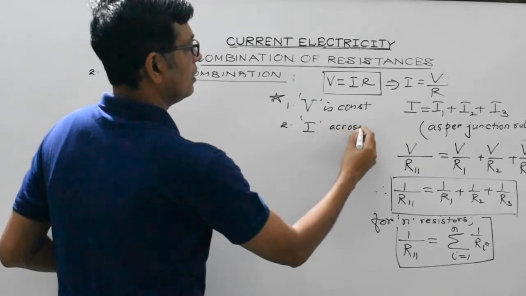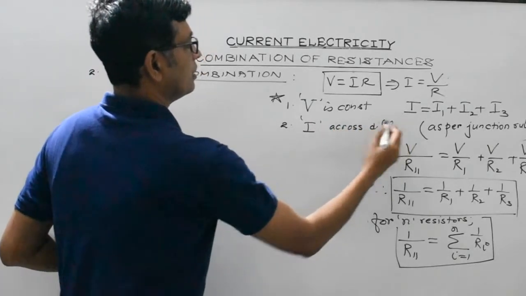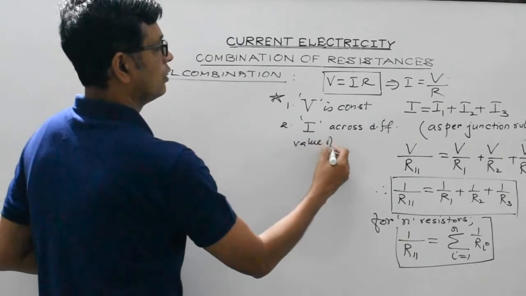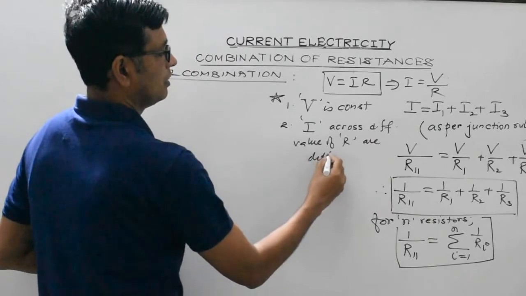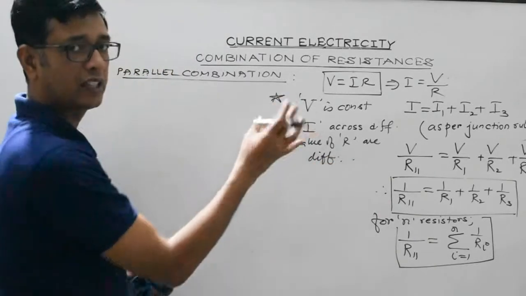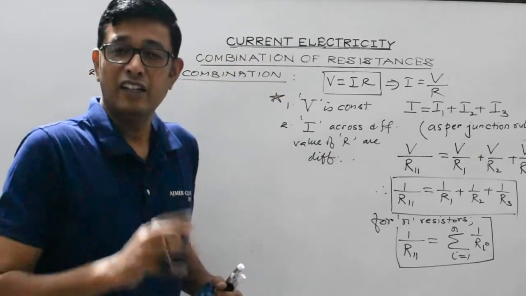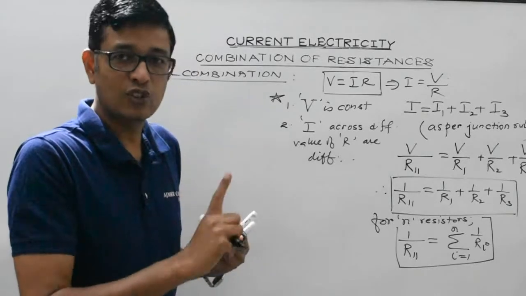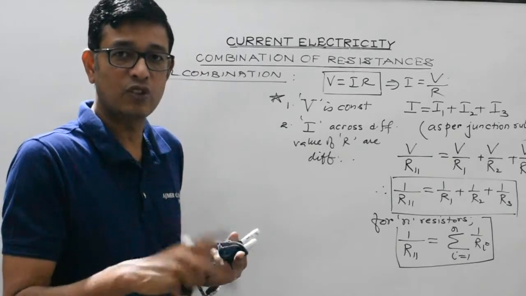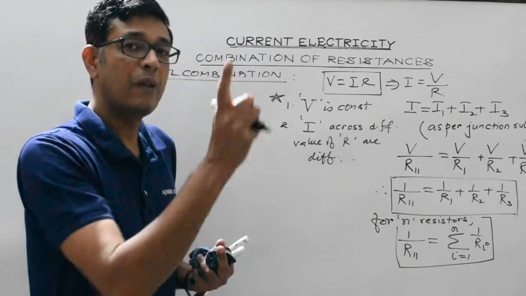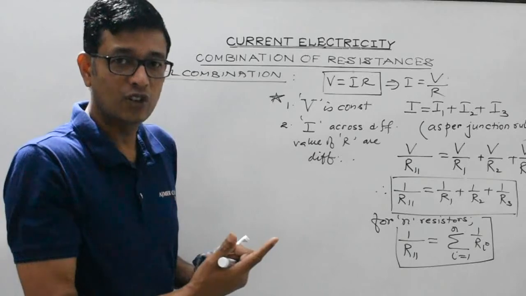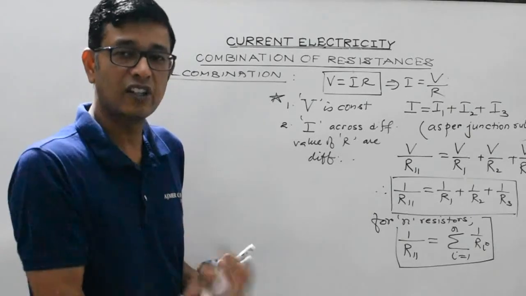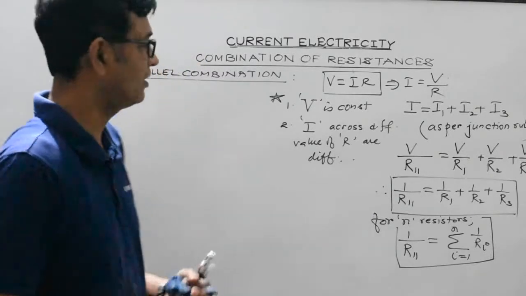I across different values of R are different. It's simply the opposite case to that of the series grouping. In series grouping, current is constant and potential difference is different across different resistors. In parallel grouping, potential difference is constant while the current flowing across different branches offering different resistances is different, right?